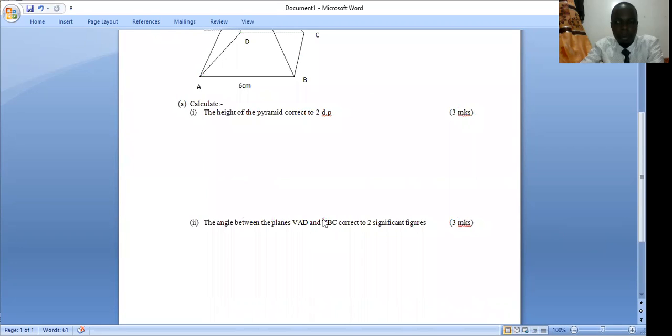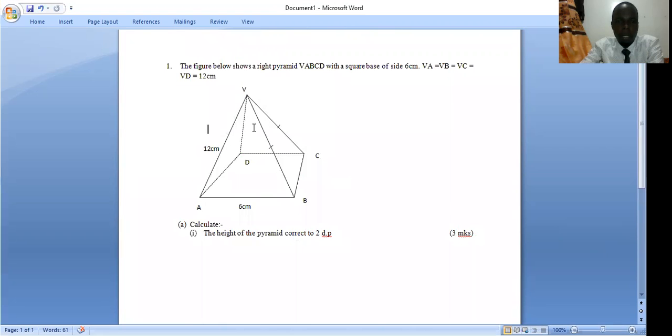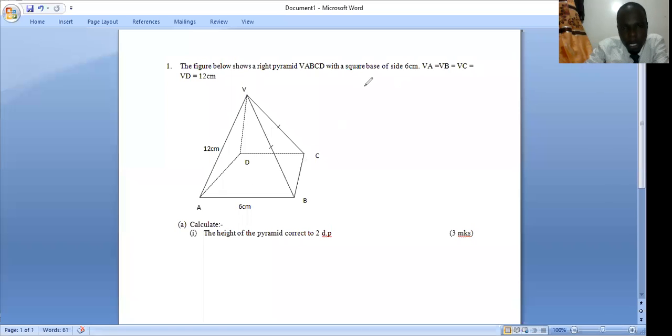So remember we said that the height is 11 point. You will just work with the diagram the way it is, provided you understand. So we say that VO, which is the vertical height, this one here, the answer in our case, we've said it is 11.23. That is the vertical height.